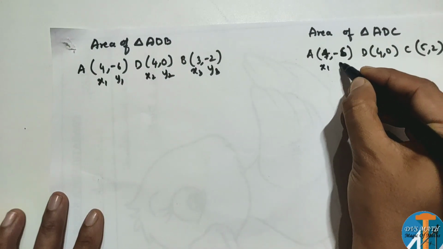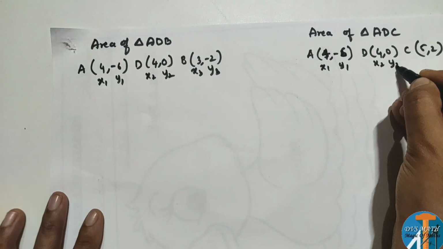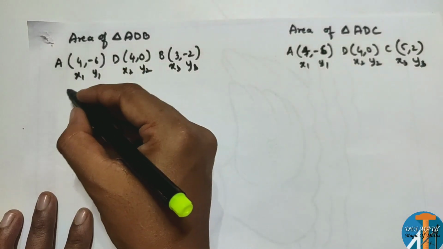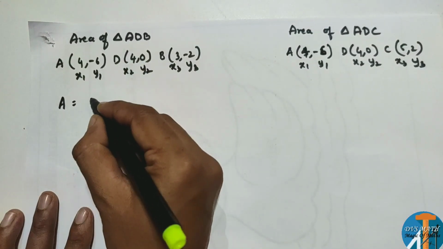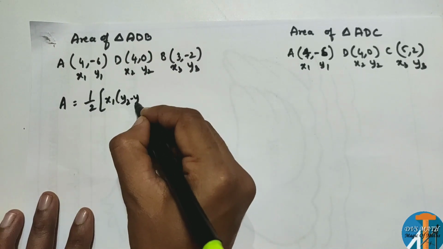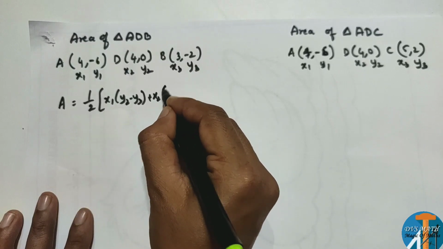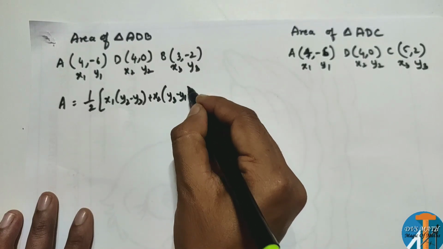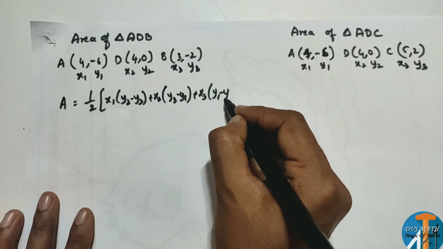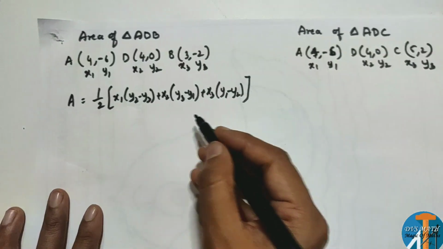Here also x1 y1, x2 y2, x3 y3. So now what is the formula? First let us find here the formula: half into x1 (y2 minus y3) plus x2 (y3 minus y1) plus x3 (y1 minus y2). Okay, now let us substitute here.